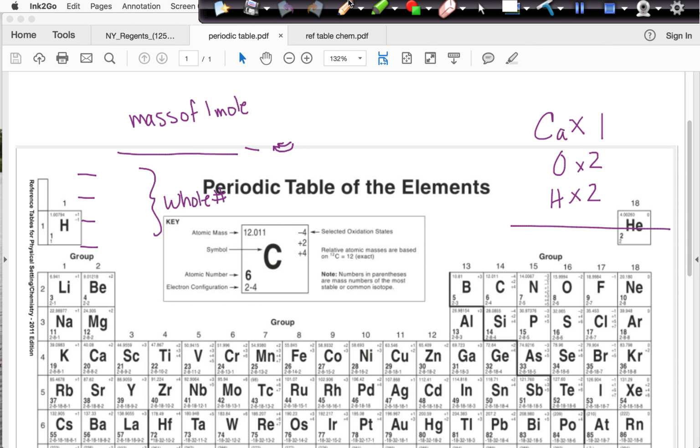When we look at the periodic table, we're going to find the masses of these individual elements, and as I said, I'm going to do this to the nearest whole number. So calcium is 40, which times 1 is 40. Oxygen to the whole number is 16, times 2 is 32. And hydrogen is 1, which times 2 is 2.